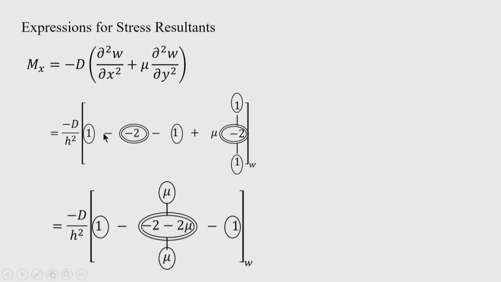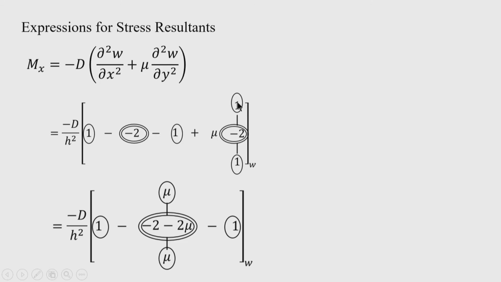Now, after adding, because there is a plus sign, you are getting centrally minus 2 into mu. And then this mu has to be multiplied with all the coefficients of the difference form of del square w by del y square.